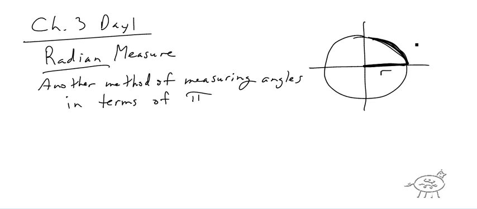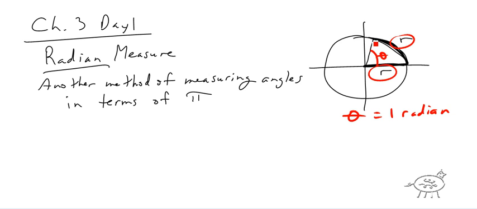When those are equal, so they're both r, then we can draw this line here, and that angle theta is equal to 1 radian. So theta equals 1 radian, but again, that's when those are equal to each other. So the radius is equal to the distance of that arc length.